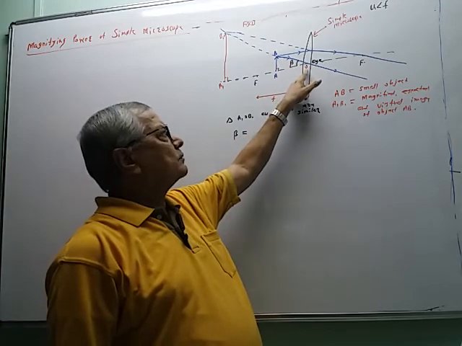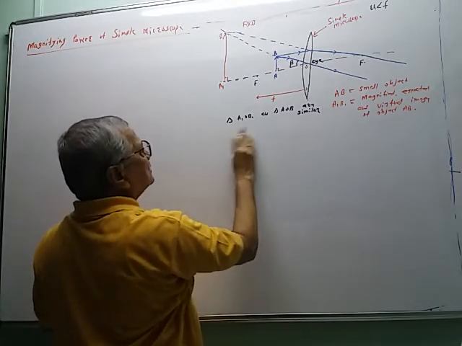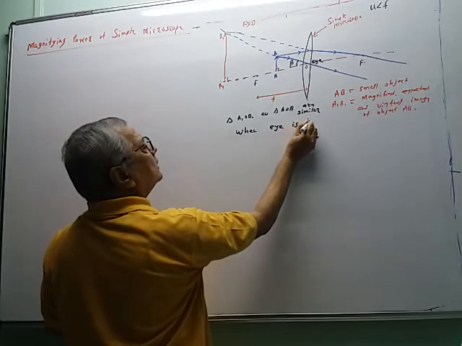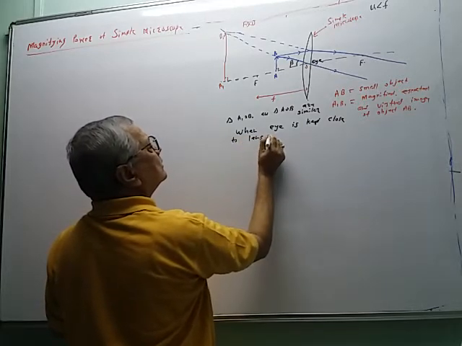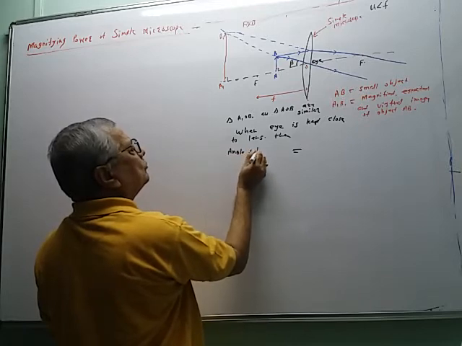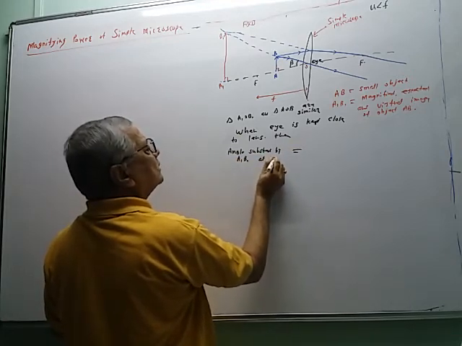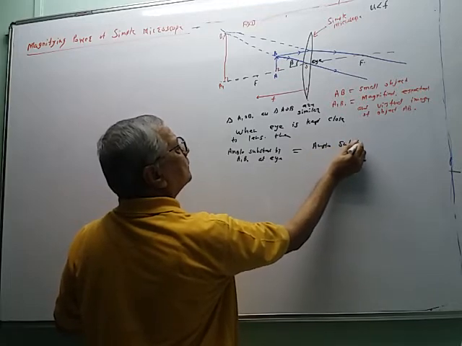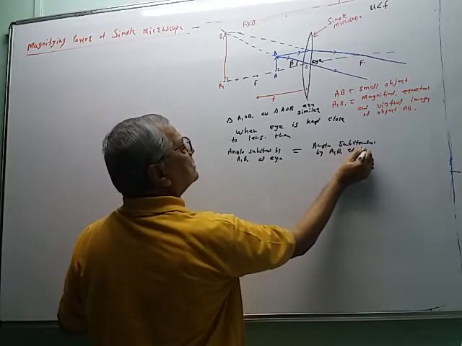Then this beta is the angle subtended at O. Beta is also the angle subtended at the eye I. So when we derive this formula, this is the condition: when the eye is kept close to the lens, then the angles are the same. The angle subtended by A1B1 at the lens is equal to the angle subtended by the image A1B1 at the eye.